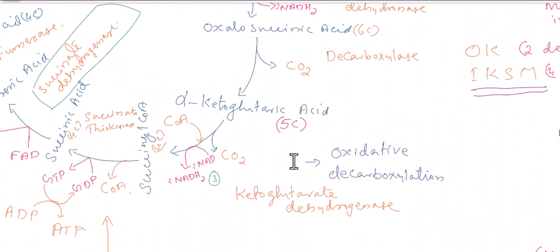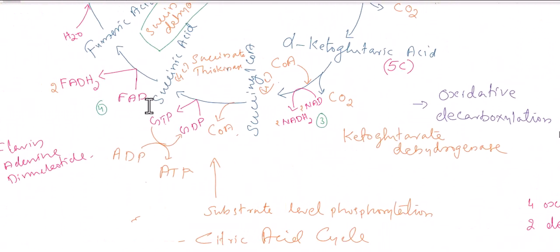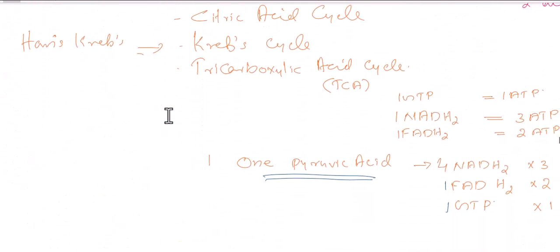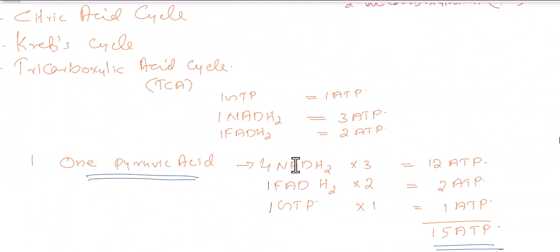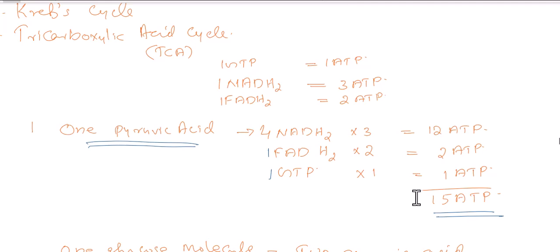Then how many FADH2? One FADH2 from succinic acid. So one FADH2 is produced, and one GTP, which we already studied. So this much energy-rich compounds can be produced from one pyruvic acid.